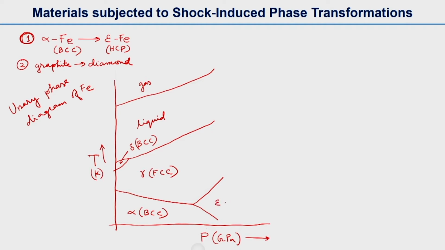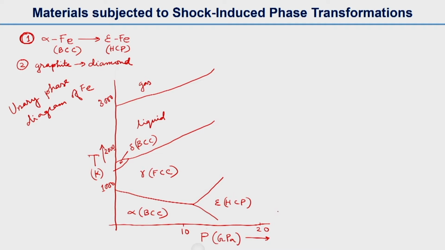Then the epsilon phase, with hexagonal close-packed structure, exists at very high pressure. The pressure axis shows 10 gigapascal, 20 gigapascal, and temperature is like 1000 Kelvin, 2000 Kelvin, 3000 Kelvin.